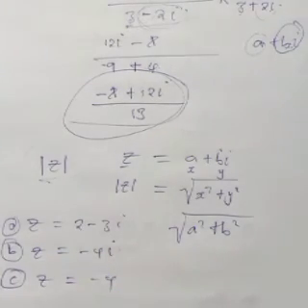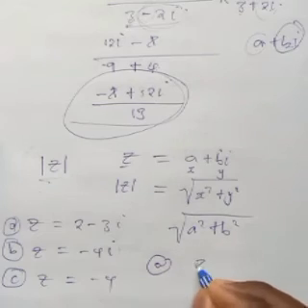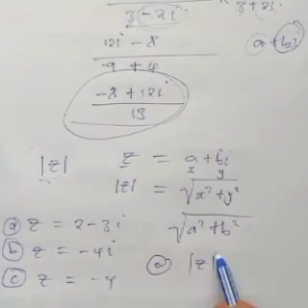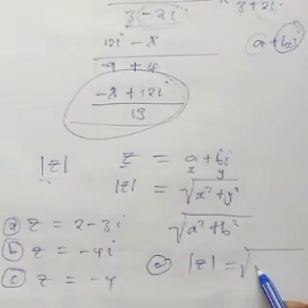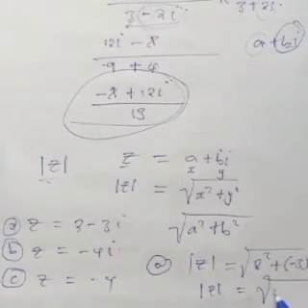To find this one, it will be very simple. Just write like this. For A, the absolute value of z will be equal to the root of, if you say this is your x, 2 square plus, coming to this one, negative 3 square. We're going to get 4 plus 9. This is going to be root of 13.